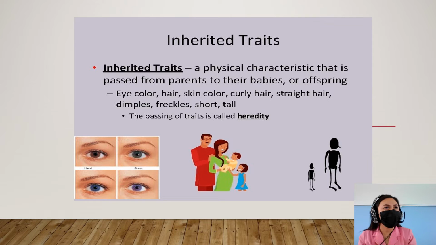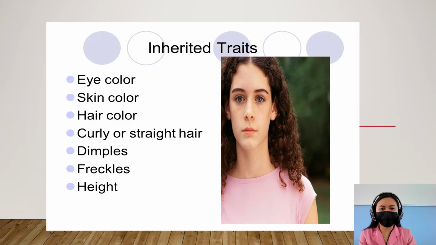Or for example, if your father is tall and you are tall also, you get that trait from your father. Examples of inherited traits: eye color, skin color, hair color, curly or straight hair, dimples, freckles, and height.